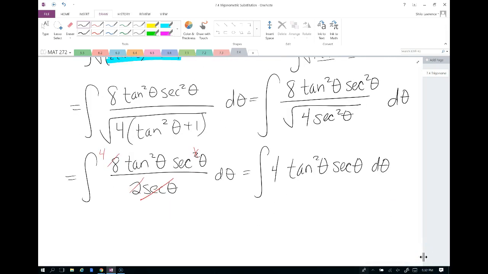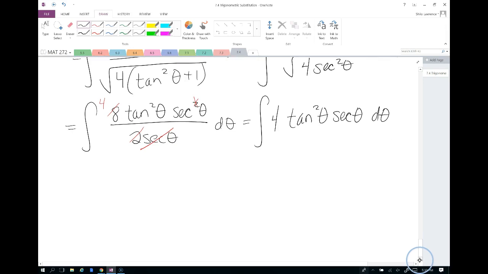Now it's just a trig integral like we calculated in section 3. So we need to remember how we calculated all those trig integrals in section 3. With tangents and secants, we need to try to figure out which derivative we can hold on to. And in that process, based on which derivative we're holding on to, we want to get everything else in that integral written as the corresponding function that will create that derivative.